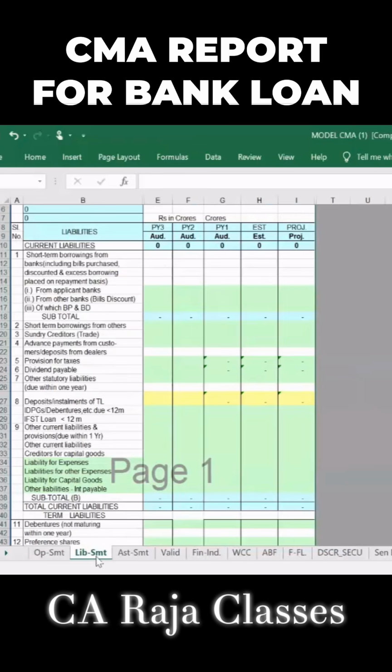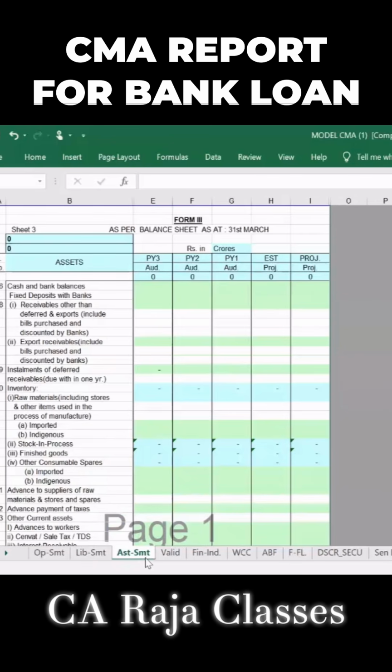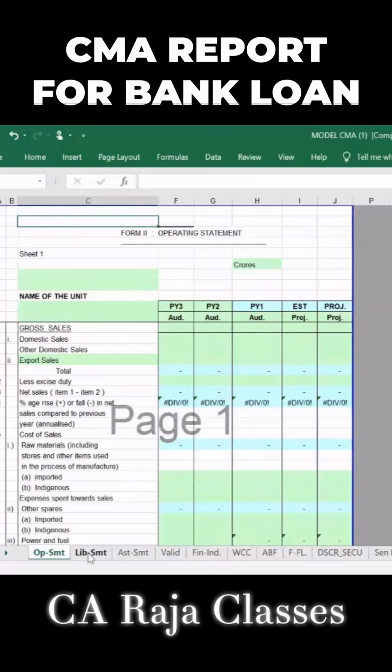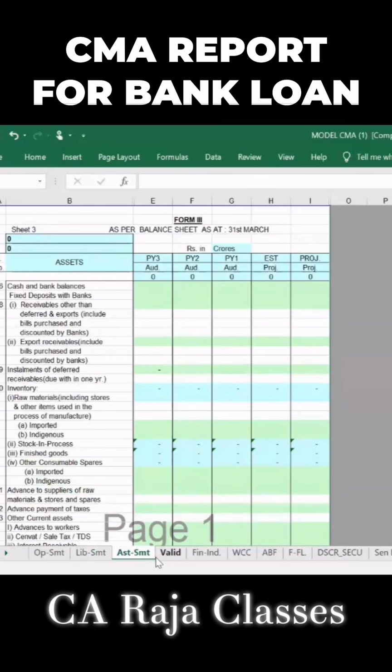Then liability statement, which captures outside liabilities and owners' equities. Asset statement, split as current and non-current. Okay, so these 3 are nothing but your P&L and balance sheet. And this will give the overall picture in terms of the operational performance and financial position of the borrower.